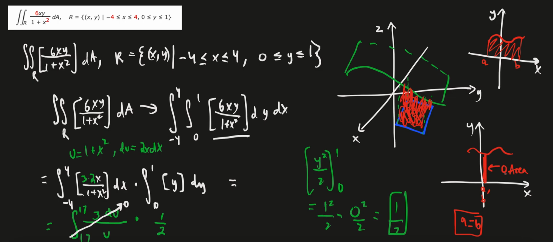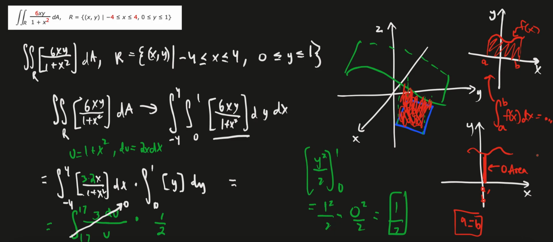So since there is 0 area, the integral from a to b of f of x dx, if a is not equal to b, is just going to be some value, whatever it is.